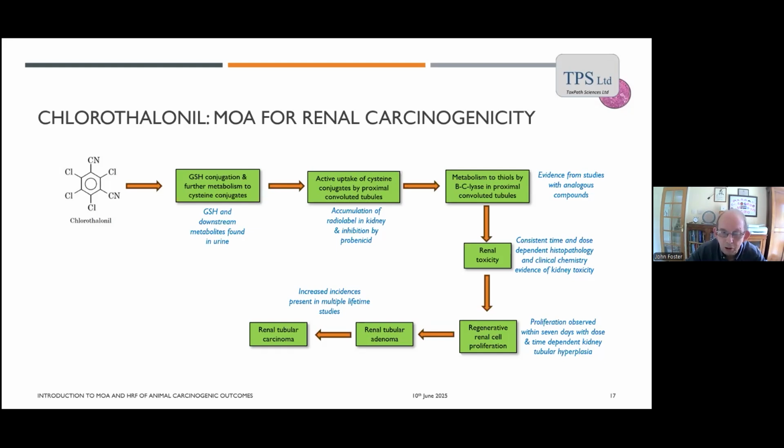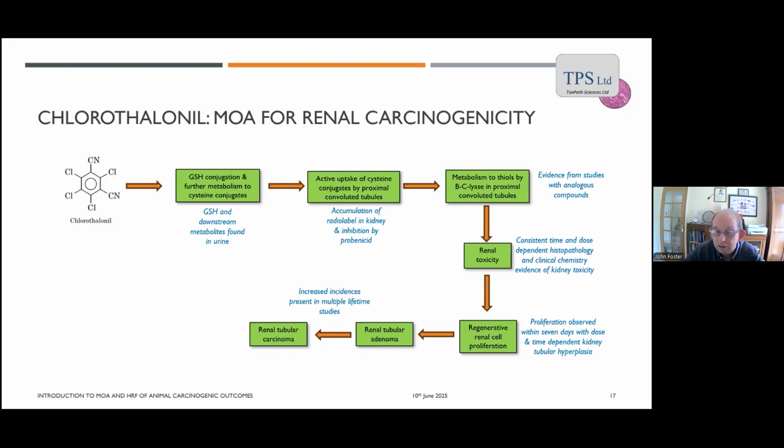So we could stop that, and if we used probenecid, we didn't get kidney necrosis. We had evidence from analogous compounds, not from chlorothalonil, that CS lyase or beta lyase was the activating enzyme, but it was a bit of data that we didn't have.